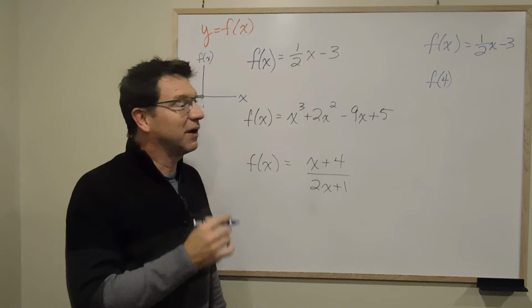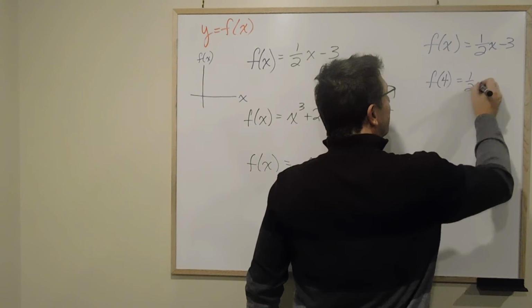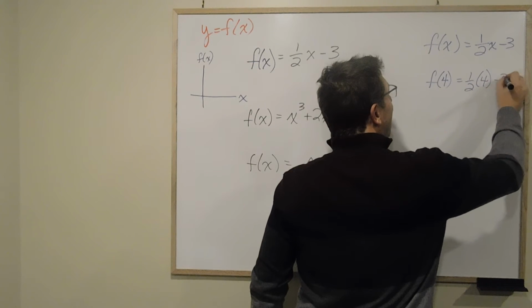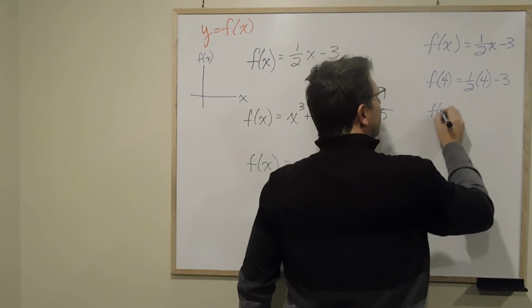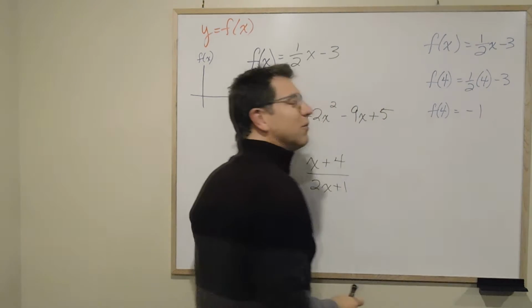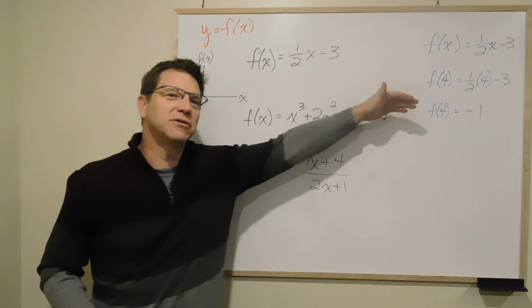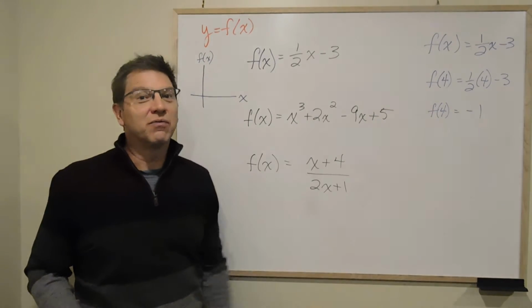All I have to do is write f of 4, and you would know that means I have to put 4 in for the x, and then f of 4 would equal 2 minus 3, which would be -1. Okay, so it's a notation that allows for substitution without having to write a lot of words.